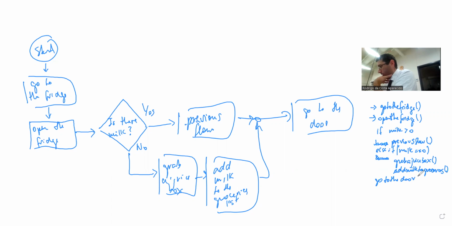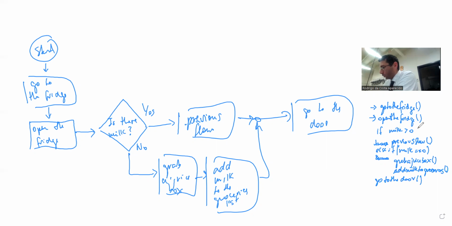All right. Let's look at the code that I wrote and compare it to my block diagram, or pseudocode, or whatever you want to call it. So it starts, and the first thing that happens is it says go to the fridge. I have a command, a task to do all that. Open the fridge. I have a task to do all that. Then I have an if statement.